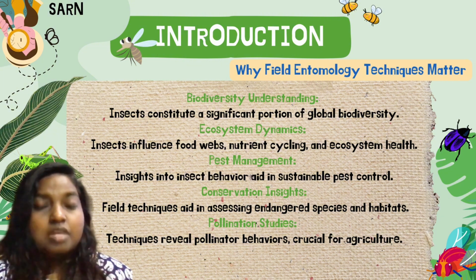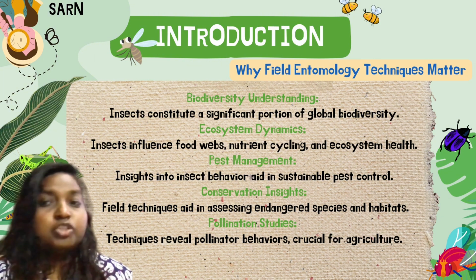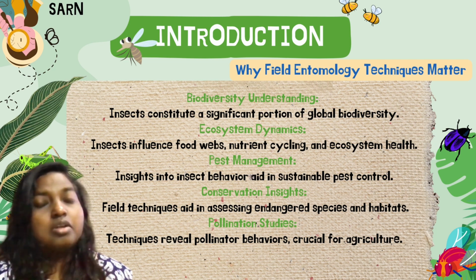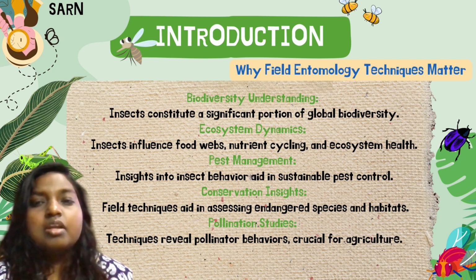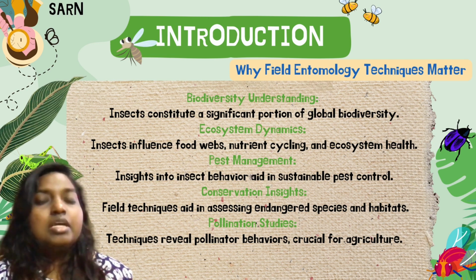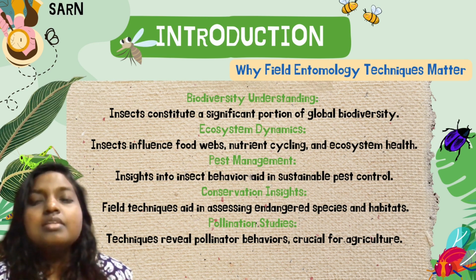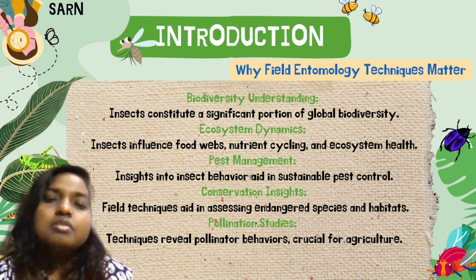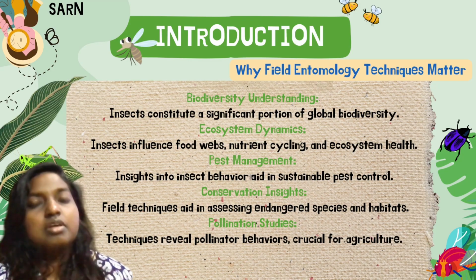For example, investigating insects in their natural habitats is known as field entomology. Insects have an enormous impact on humans' lives and play important roles in ecosystems. Understanding insects' behavior, interactions, and ecological functions requires research on them in their natural environment.